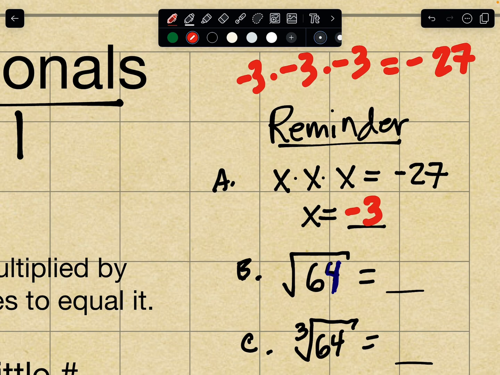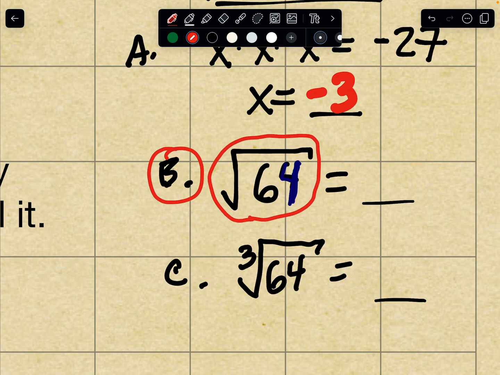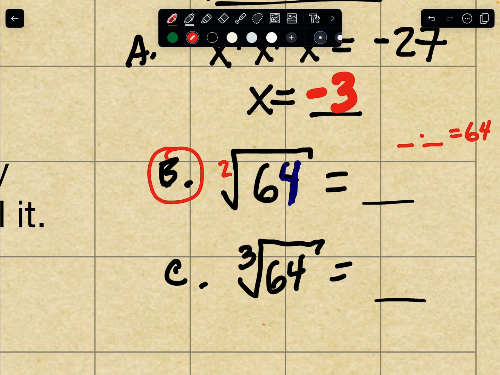So when we get a problem like letter B, and we have the square root of 64, that is asking us what 2 numbers multiply to give me 64. So it's kind of like the last problem, except it just wants one number times itself twice.